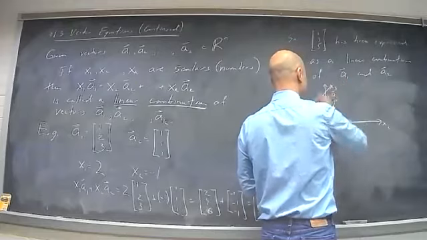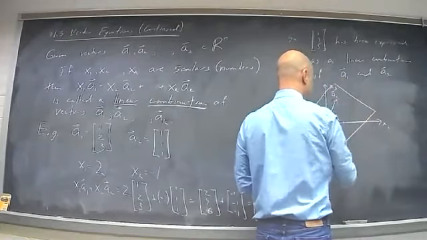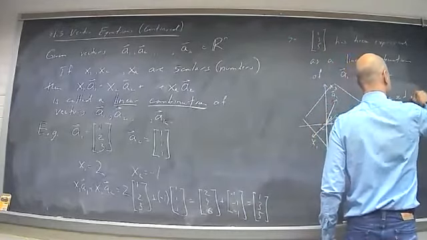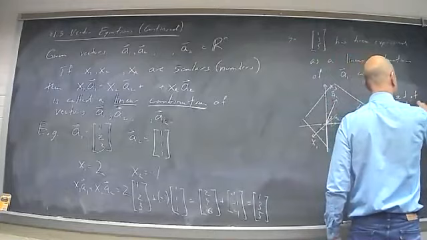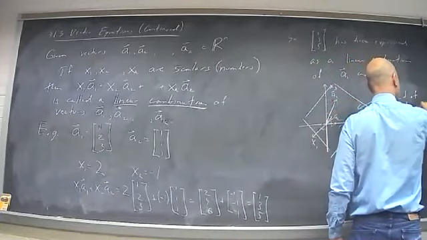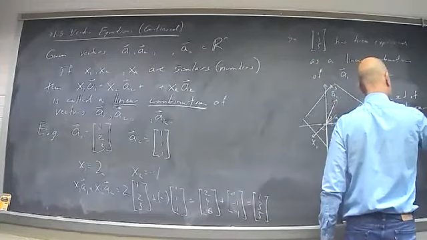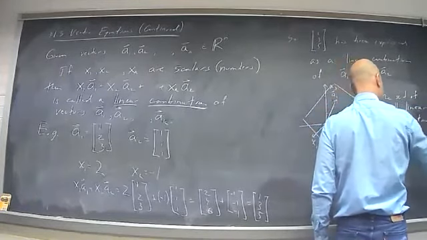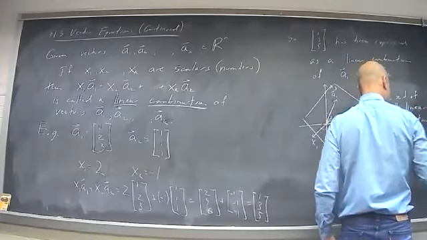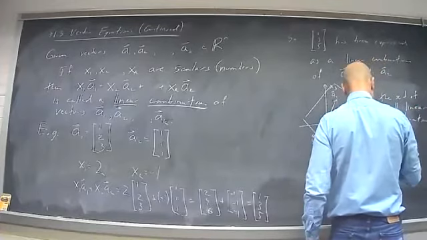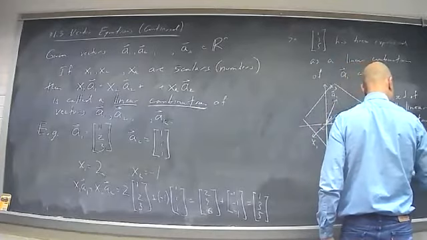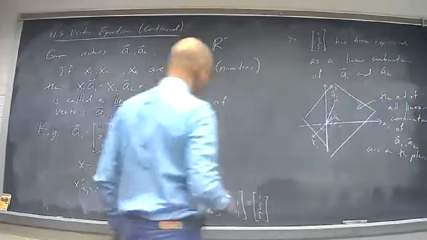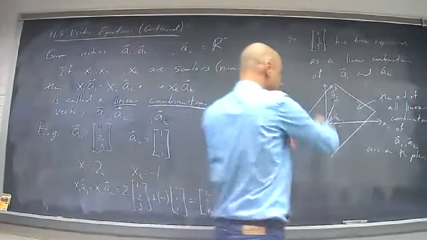So the set of all linear combinations of A1 and A2 are on the plane that goes through the origin and those two vectors.